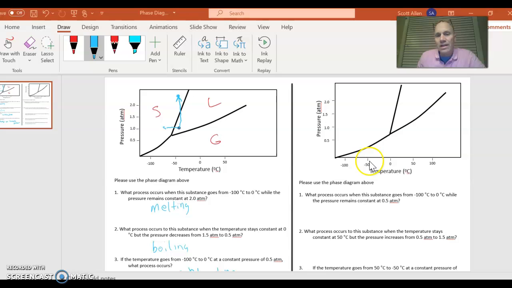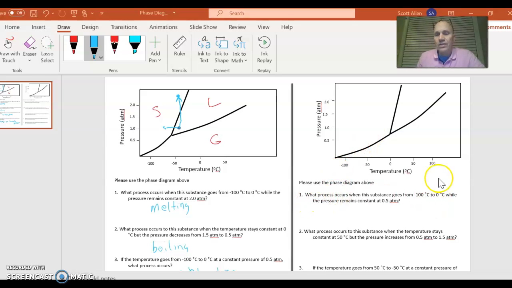But over here, the exact same material would clearly be a solid. So remember, each different material has its own phase diagram. Now we're going to be answering questions using this particular phase diagram.